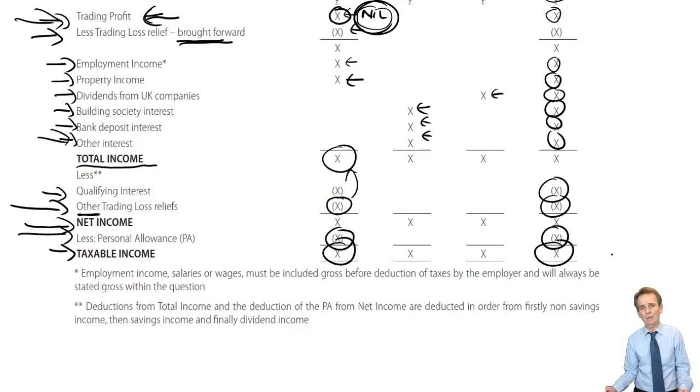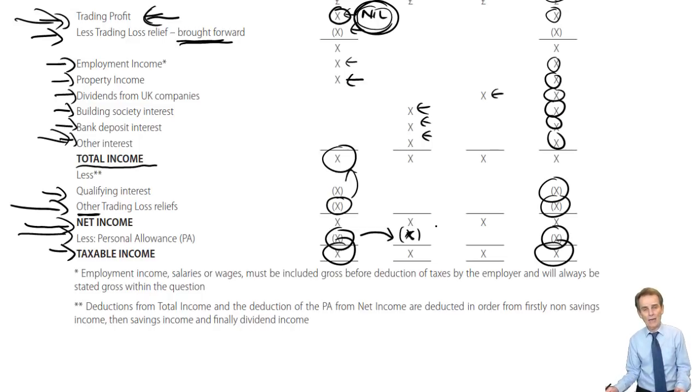But what would happen if your non-savings income was less than £11,500? Now you'll see the reason why we have the order of these columns. Because any unused personal allowance after deduction from non-savings income will then go across and be deducted from any savings income.